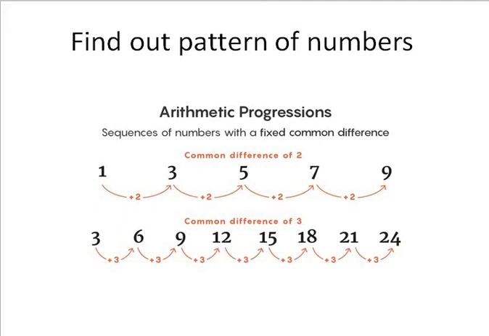From 1 to 3 I add 2 and I keep adding 2. From 3 to 6 I add 3, then another 3, and another 3. This helps me find out, for example, what comes after 9, it's 11. What comes after 24, it's 27, and that's it.